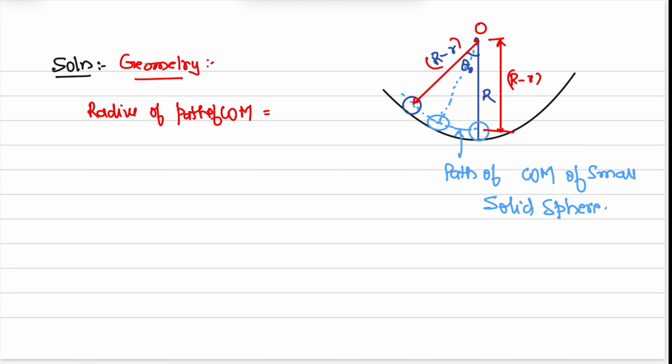Instead of calling it the radius of the path of COM, we can even call it the distance of COM from the center of the hollow sphere.